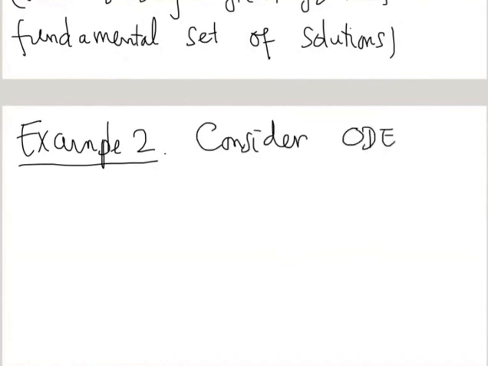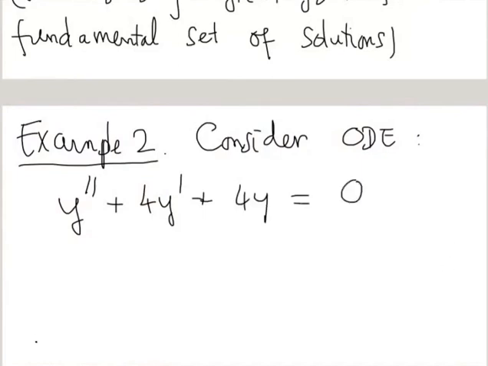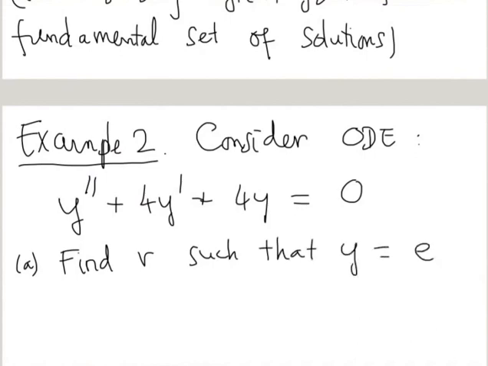Consider the ODE y double prime plus 4y prime plus 4y equals 0. First, find r such that y equals e to the rx is a solution.